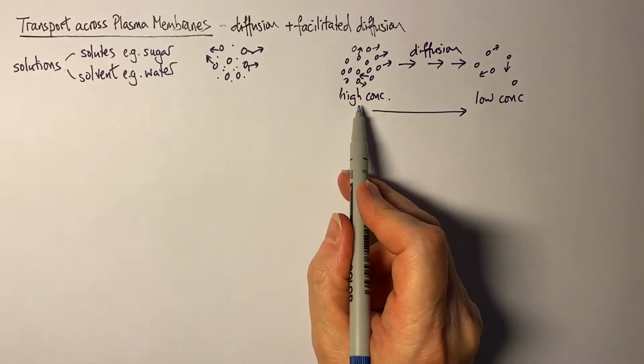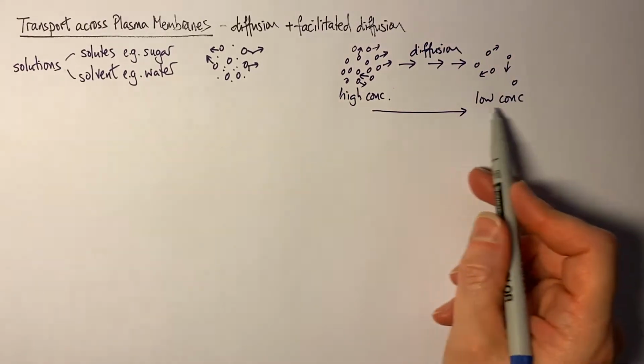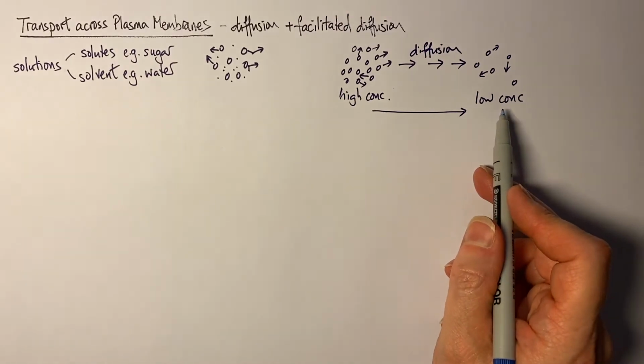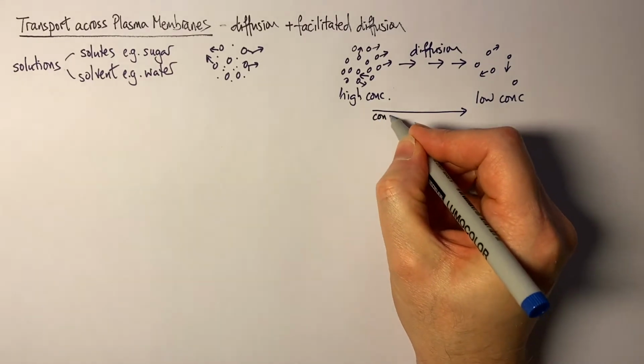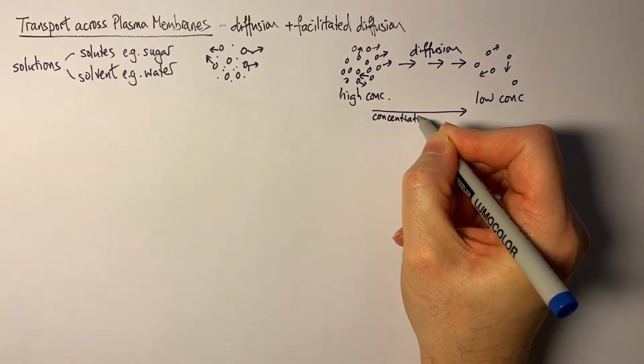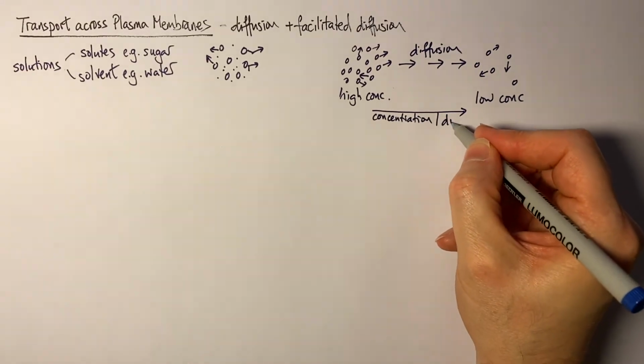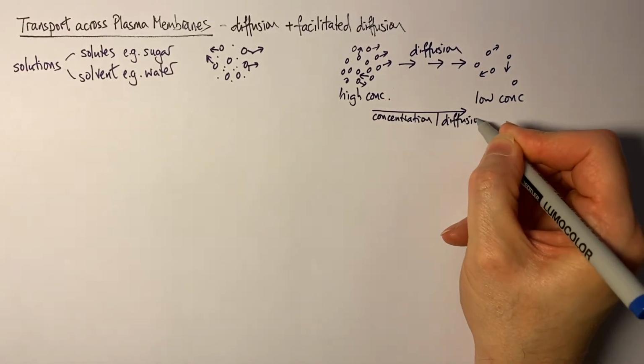And because we have a high concentration here initially and a low concentration there, then we call this a concentration or diffusion gradient.